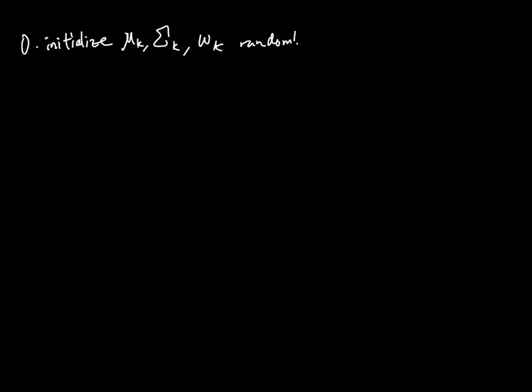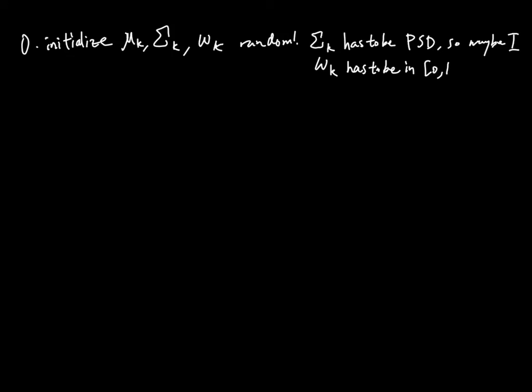But remember that sigma k has to be positive semi-definite, so maybe just make it the identity matrix. And also omega k has to be in [0, 1], so maybe choose 0.5 or something like that.